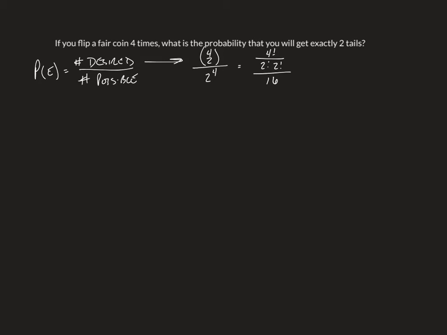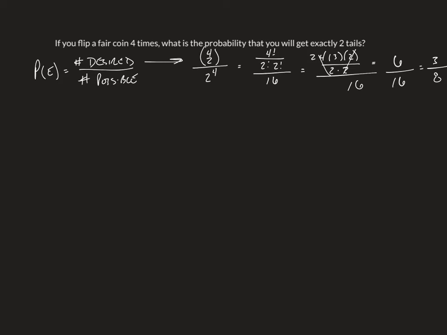And what ends up happening here is 4 times 3 times 2 over 2 times 2. We've got cancellation that goes on. And so that gives us a 6 in the numerator divided by 16, which is 3/8 if we reduce.